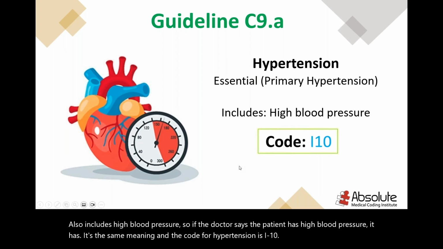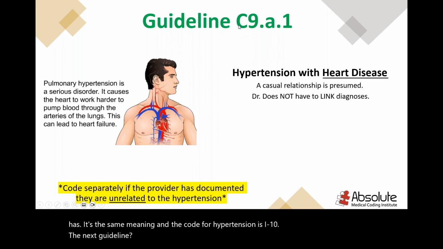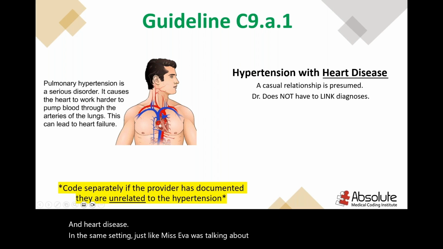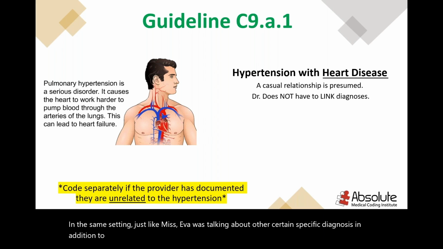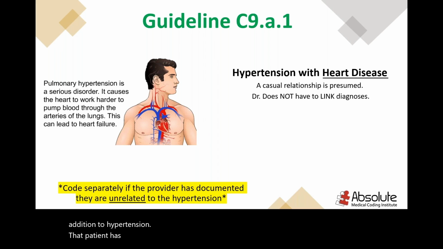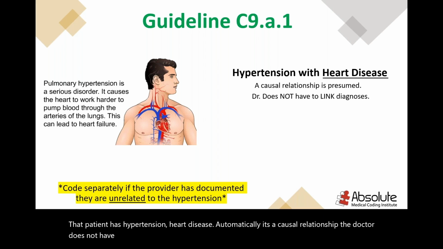The next guideline, Chapter 9, A1. When you have hypertension and heart disease in the same setting, just like Miss Eva was talking about, other certain specific diagnoses in addition to hypertension, that patient has hypertensive heart disease automatically. It's a causal relationship. The doctor does not have to link both diagnoses.